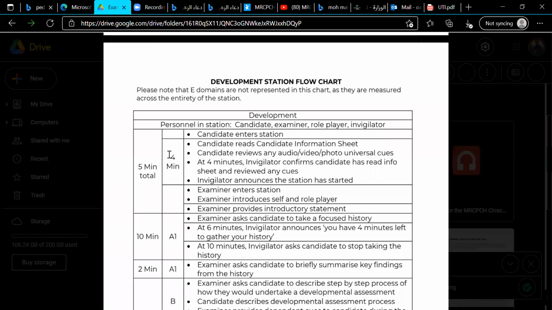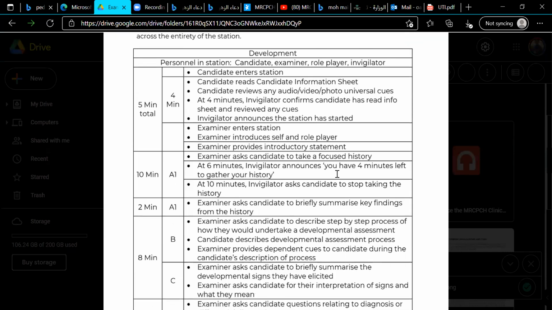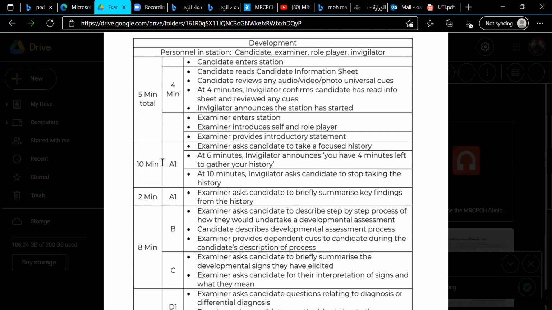So in the first 4 minutes, the candidate will enter the station, read the information, see the universal cues, and prepare. Then 10 minutes to take a focused history, and there will be a warning at 4 minutes remaining.